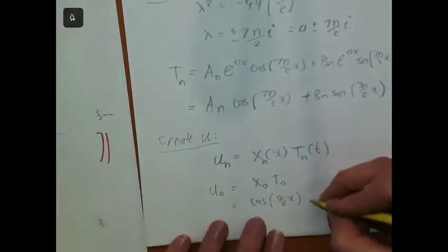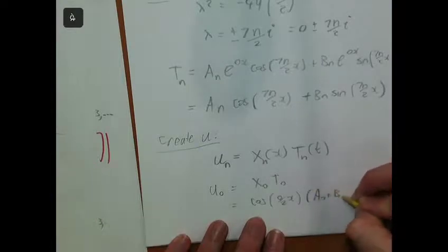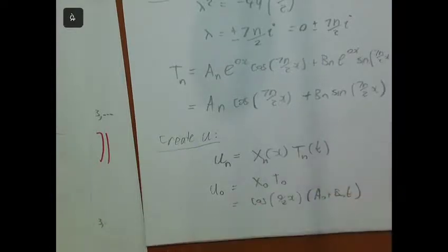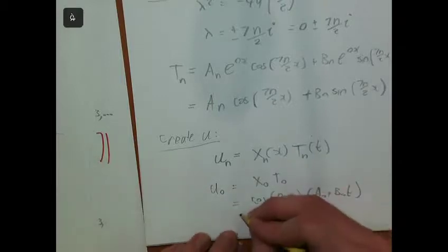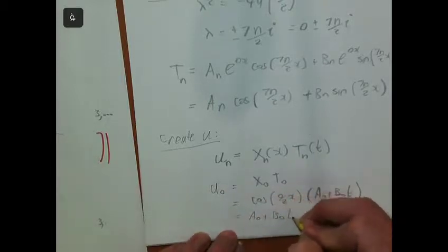And my T0 was a0 plus b0t. But cos of 0 is just 1.